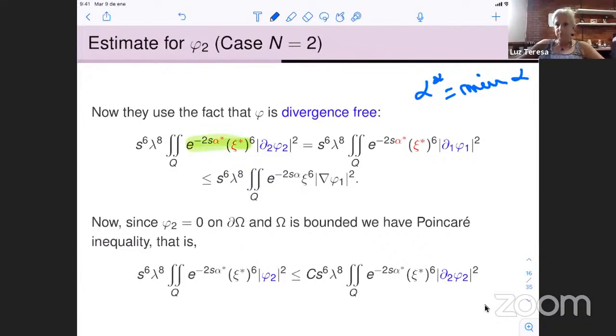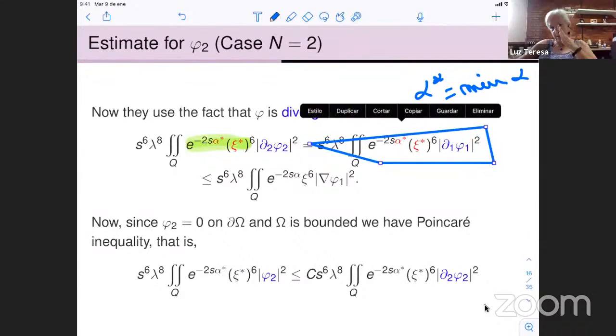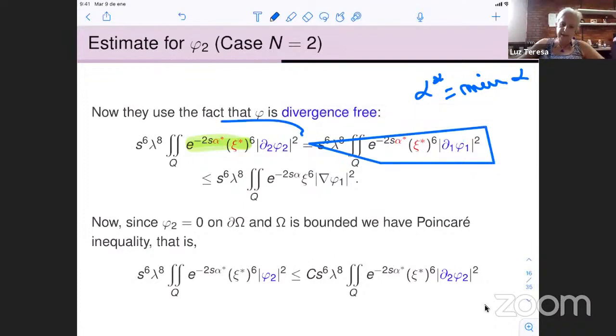And then you see from this divergence-free condition, you can, in fact, using the first derivative of the first component, estimate the derivative with respect to the second variable of the second component.